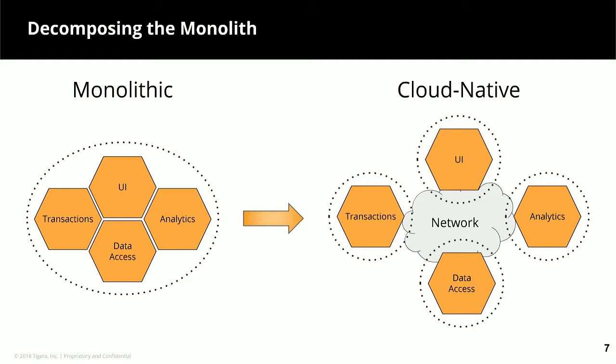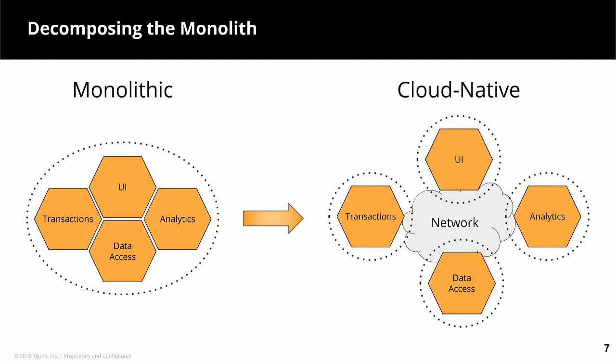So from that perspective, the attack surface for your application is a lot more expanded. In this illustration on the slide, an application with 4 major components is now decomposed into 4 different microservices, and all of these services are communicating over the network.